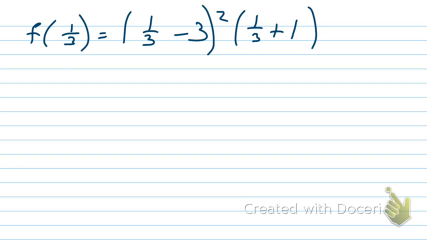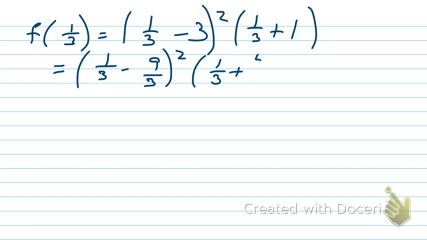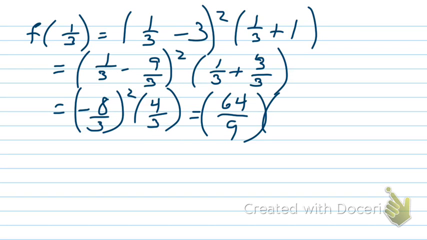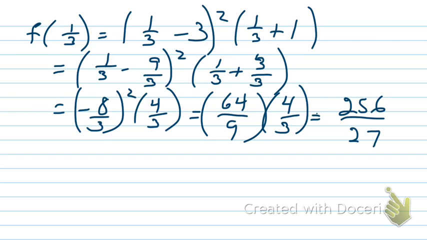It's okay if we want to use the fraction or the decimal equivalent. That's going to be 1/3 minus 9/3 squared, and 1/3 plus 3/3. That's the square of negative 8/3 times 4/3, which is going to be a positive 64/9 times 4/3. And that will be 256 divided by 27.